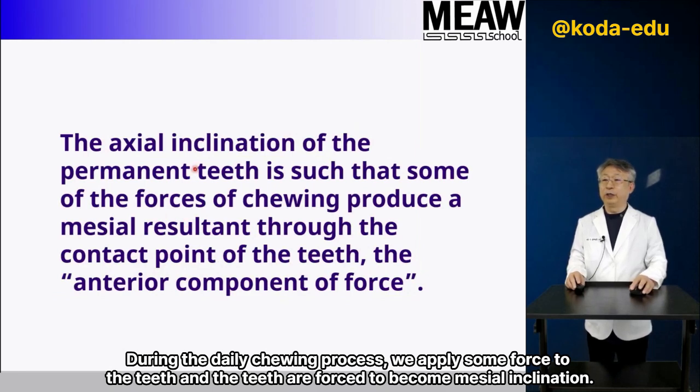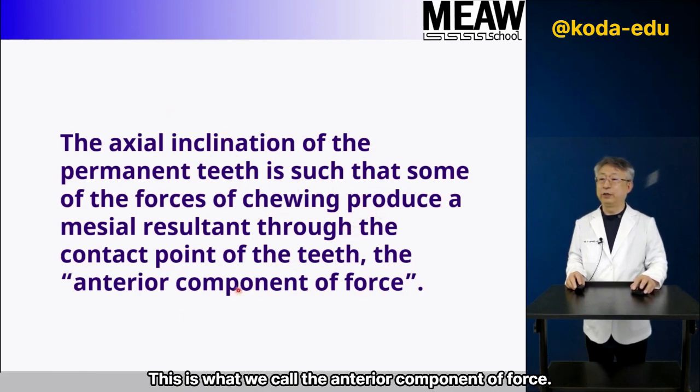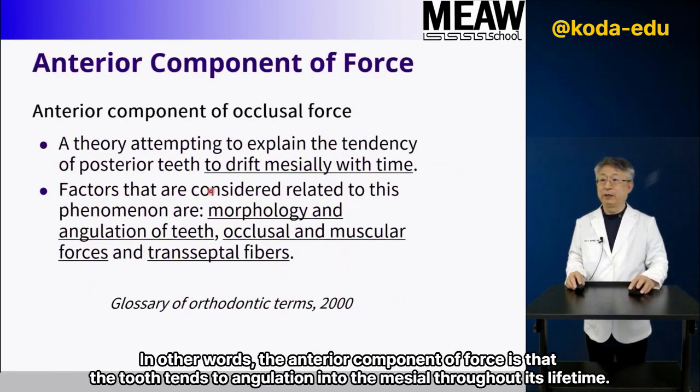During the daily chewing process, we apply some force to the teeth, and the teeth are forced to become mesially inclined. This is what we call the anterior component of force. In other words, the anterior component of force is that the tooth tends to angulate mesially throughout its lifetime.